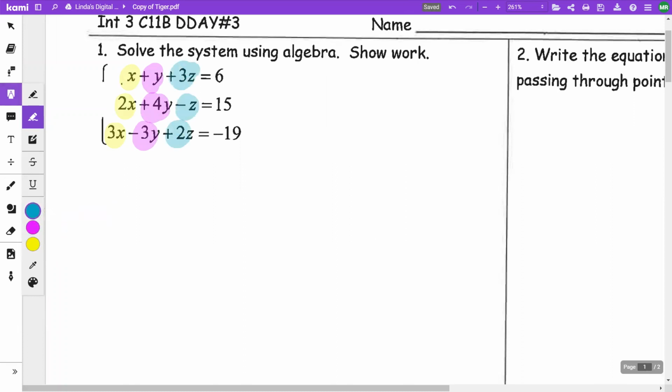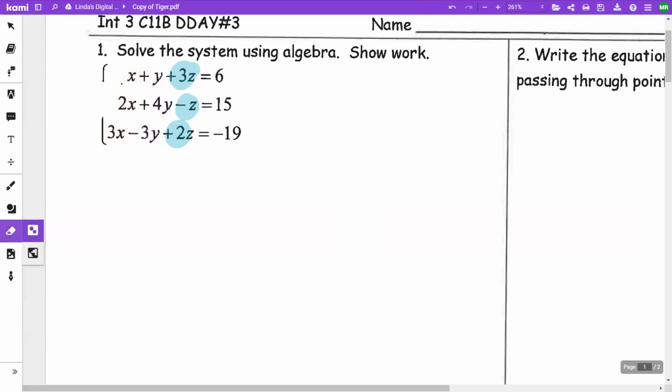And honestly, we could do any of them. Because my z is negative on the second equation, I think I'm going to use that one because I can easily times it by 3 and eliminate the 3z in the first equation. I could also times it by 2 and eliminate the 2z in the third equation. So I think I'm going to eliminate my z's.